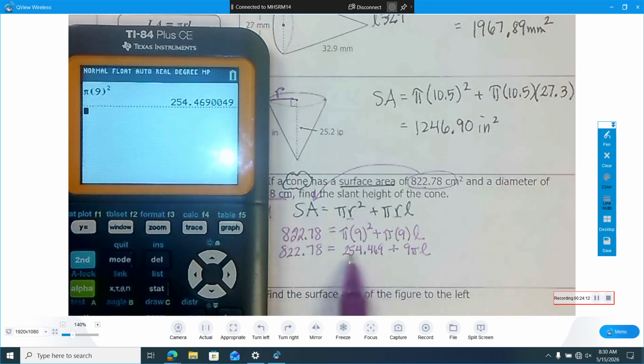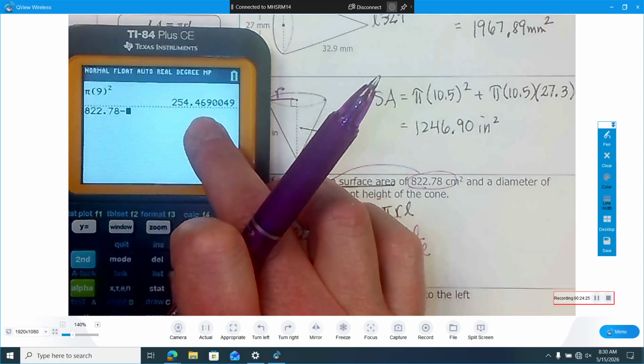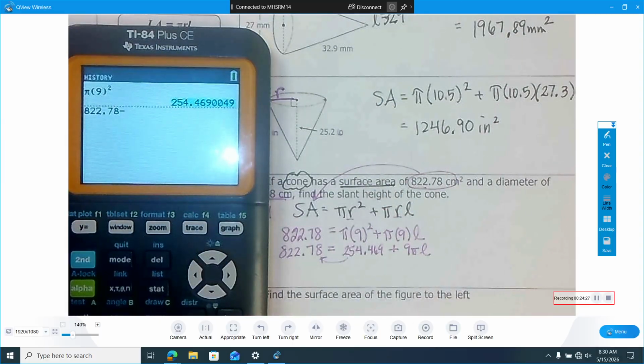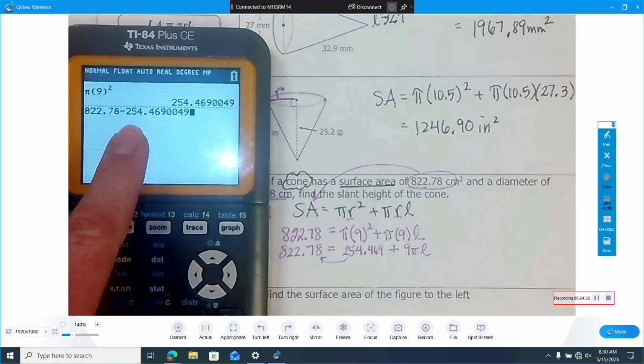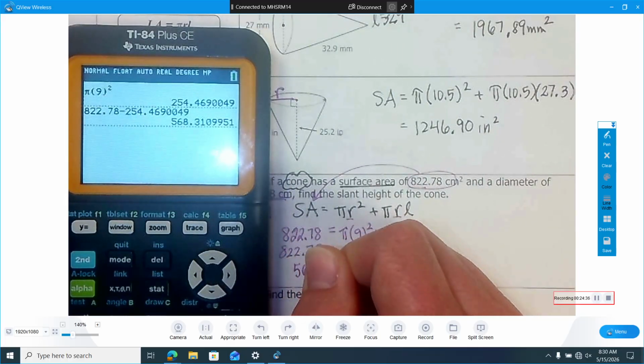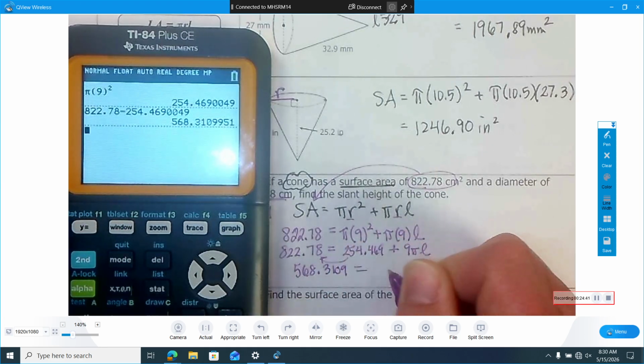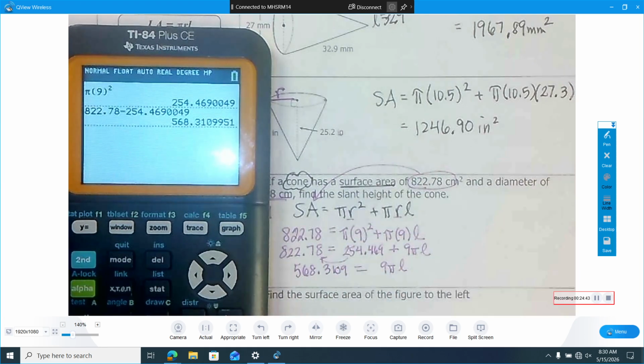So this 254.469, what do we have to do? Subtract it, yes. So we have to subtract that to the other side. I'm going to do my 822.78, and I'm going to subtract my big long answer there, because again, I don't want to round until the end. So I'm subtracting my big long answer of 254. All right, so that gives me 568.3109 equals 9 pi times L.